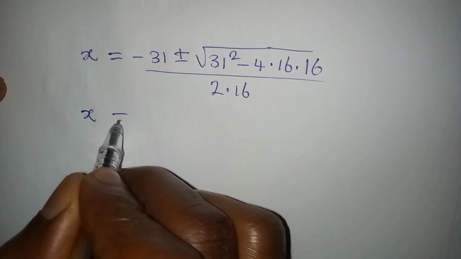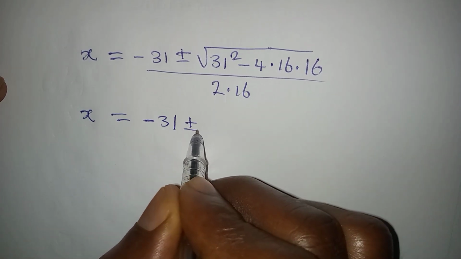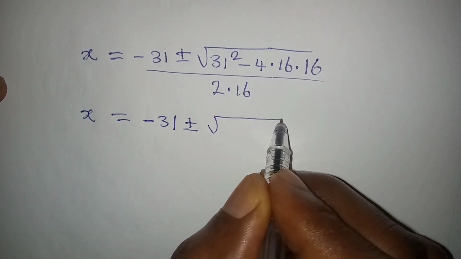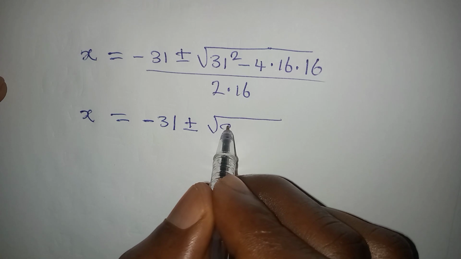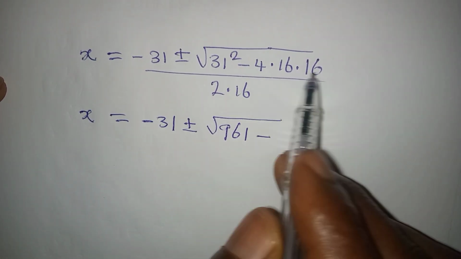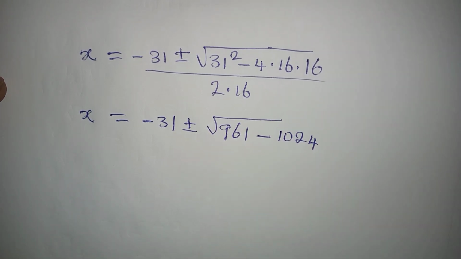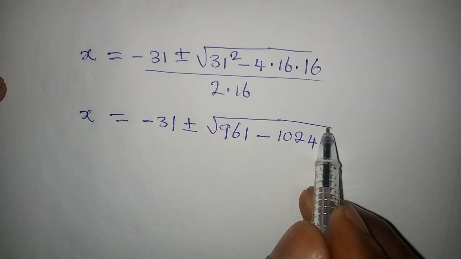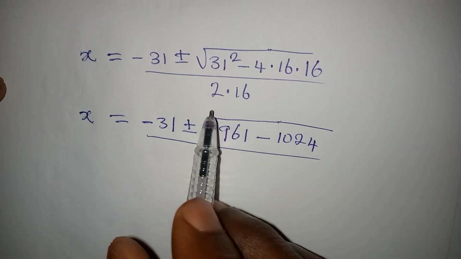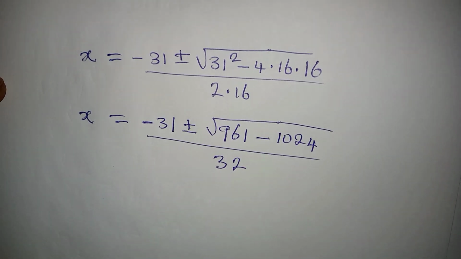Okay, so x will be equal to minus 31 plus or minus, then we have 31 squared is 961, then minus, if we multiply this, we'll have 1024, right? Okay, so this will be over 2 times 16 is 32.